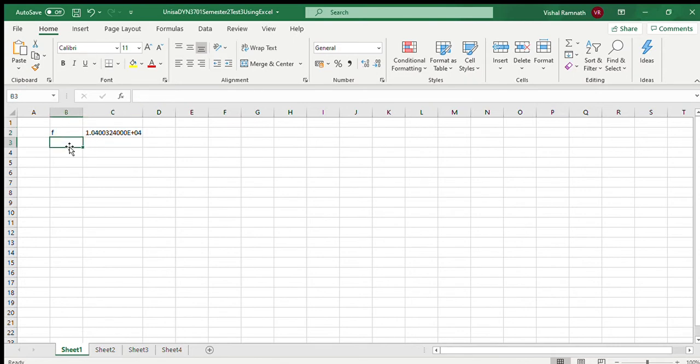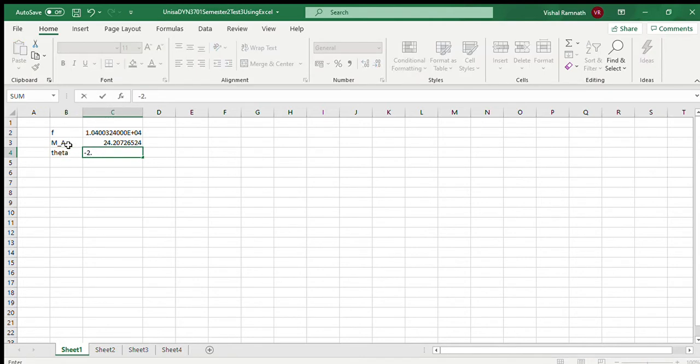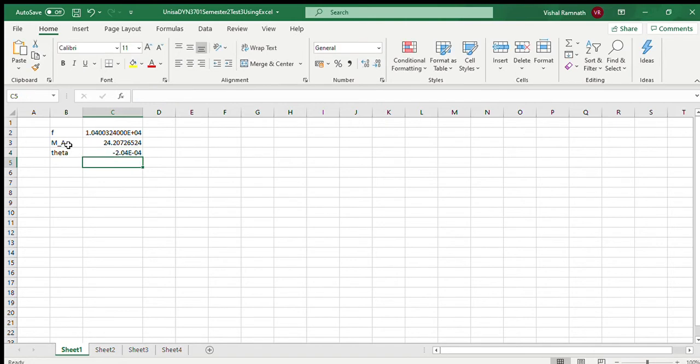I then enter in the other information, the reaction moment, which is 24.207,265.24, and then the angle theta, which is minus 2.04404523 exponent minus 4.